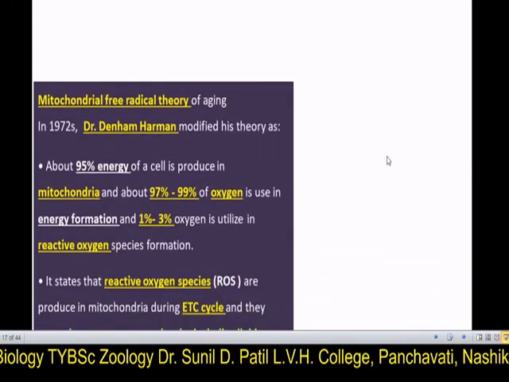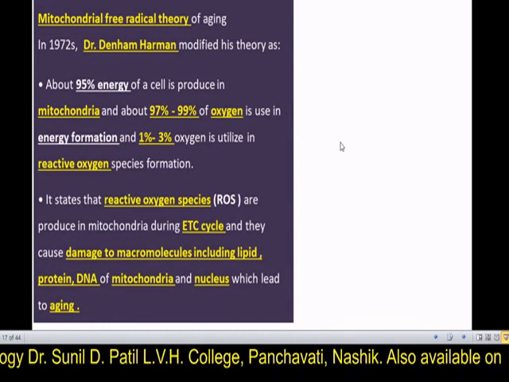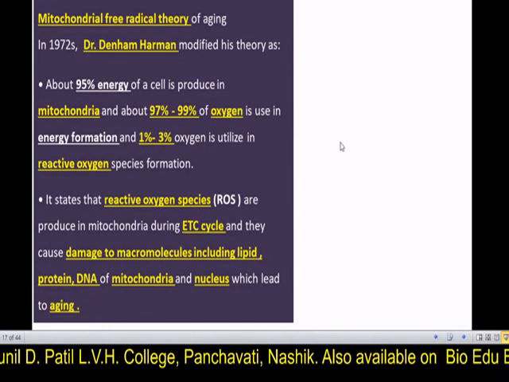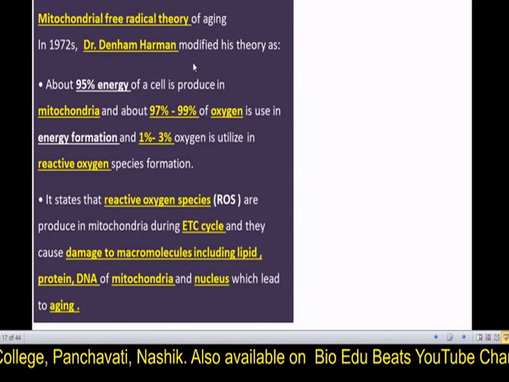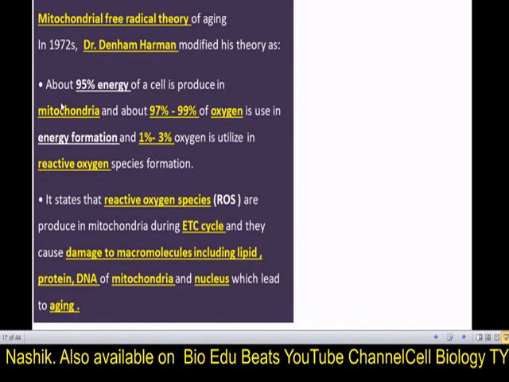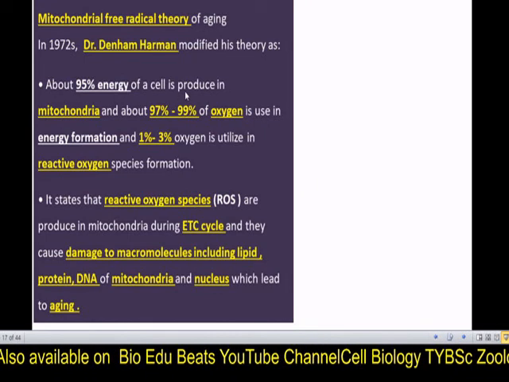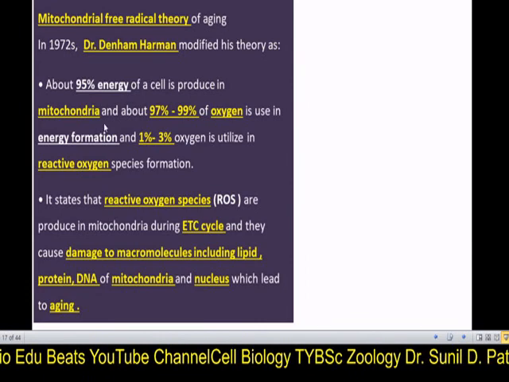So we are going to see the mitochondrial free radical theory of aging, or changes in mitochondria. According to Denham Harman's modified theory, you have to understand this: about 95% of the energy of the cell is produced in mitochondria.